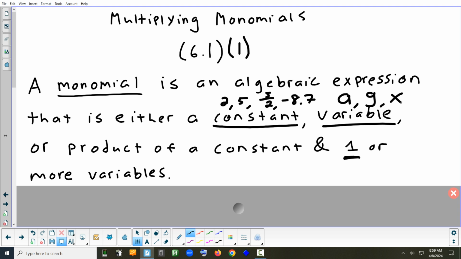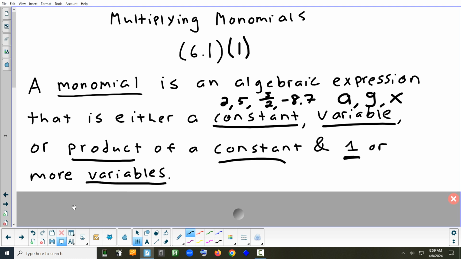Or it can be the product of a constant and a variable. Can somebody give me a constant and a variable multiplied together? 5A?